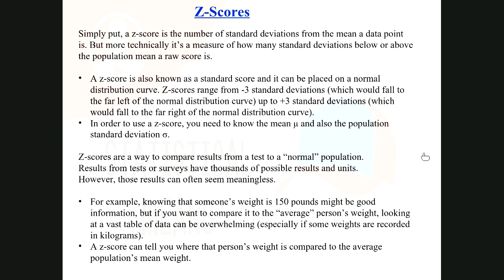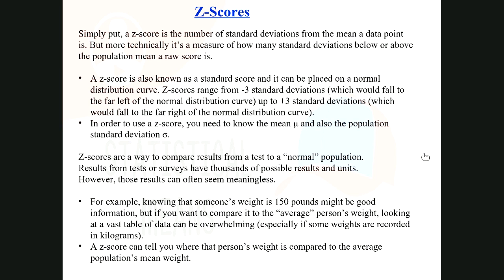That's what you do when you have z-scores. You standardize the data so it approximates a bell curve as much as possible. So the mean is 0 and the standard deviation is always 1. Okay? Which makes it a lot easier to look at a data point that you're examining to see whether it's statistically significant or not.